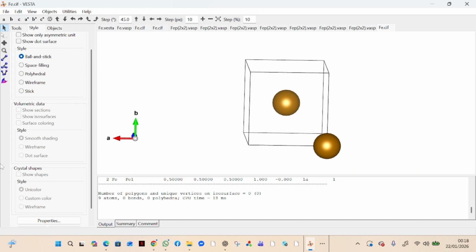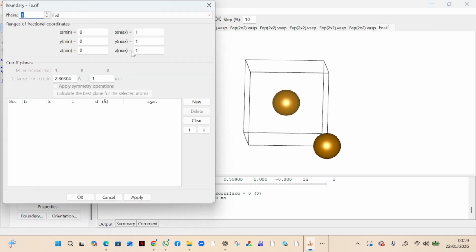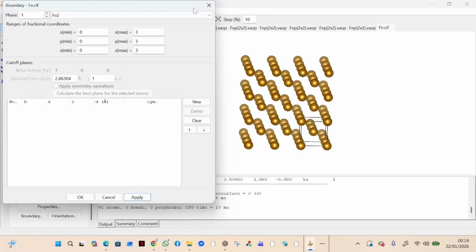If you go to boundaries, you can change this to, let's say, 3 by 3, and you see how the code is going to replicate this in the simulation.